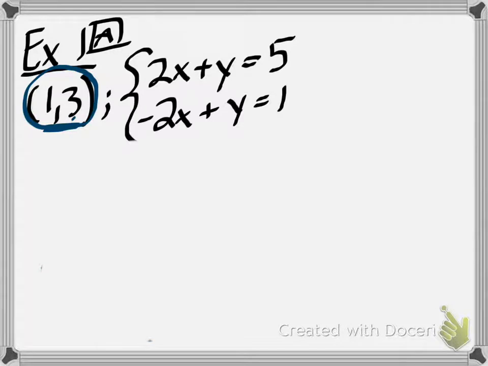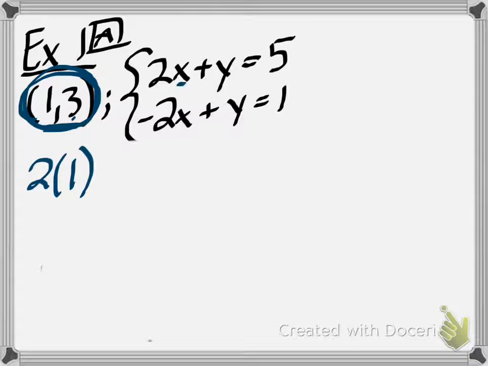My ordered pair is 1, 3. It's written as an ordered pair with a semicolon and then the system. This system is 2x plus y equals 5, and negative 2x plus y equals 1. I'm going to plug in my 1, 3 into both equations. If it's true for both of them, then 1, 3 is a solution.